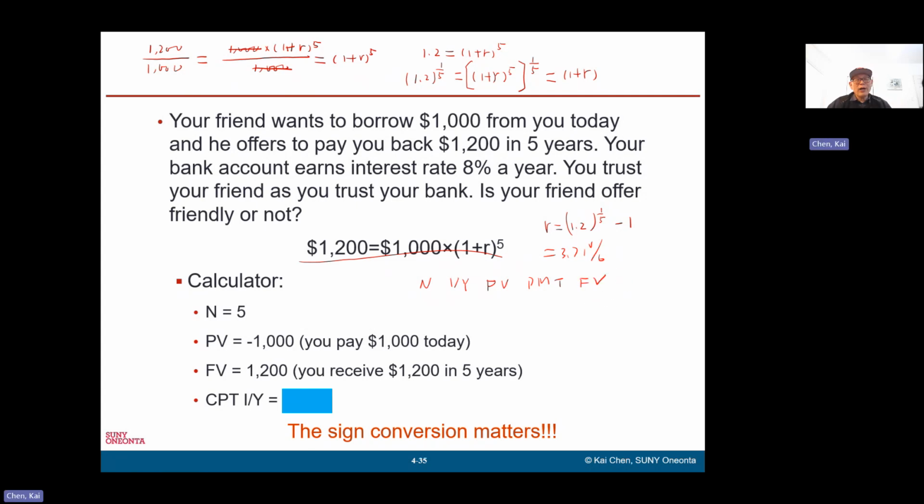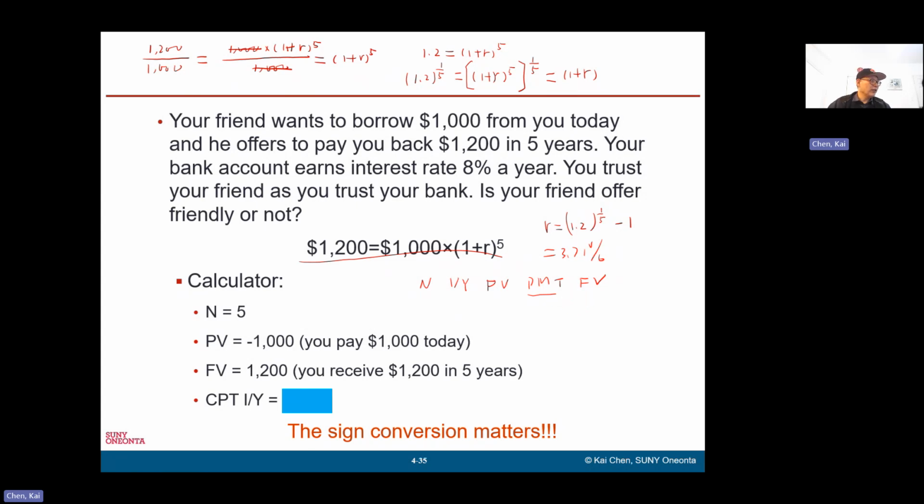Because this is a single cash flow issue, we want to calculate the future value or present value of a single cash flow. So PMT, we will not use PMT. Usually we clear the memory of PMT, or if you're not very sure about this, we assign a 0 to PMT. Now the point is, we're going to assign the values to 3 keys and find the value of the 4th key, right?